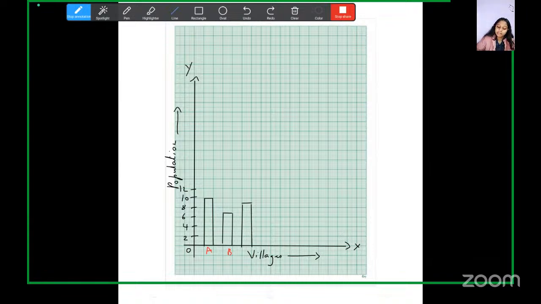Write C. Then the next one is village D. We calculated 4 centimeter. So at 4, make a bar.